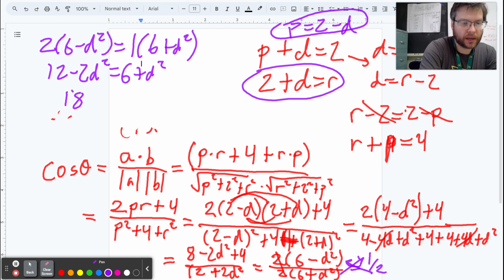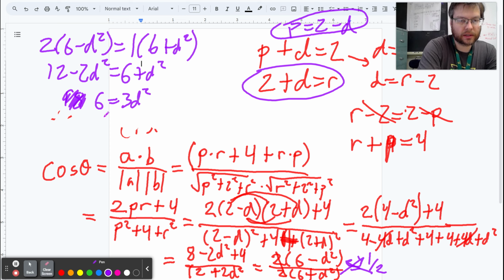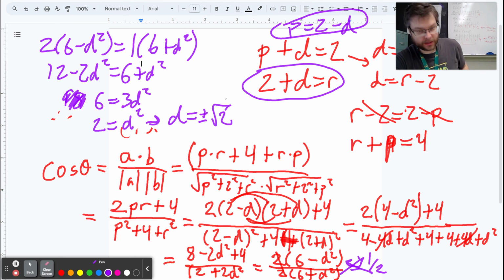Subtract 6, so I get 6. Add 2D squared, so I get 3D squared. Divide to give me 2 equals D squared, which implies that D equals plus or minus square root of 2. There you go. Let me know if you have any questions.